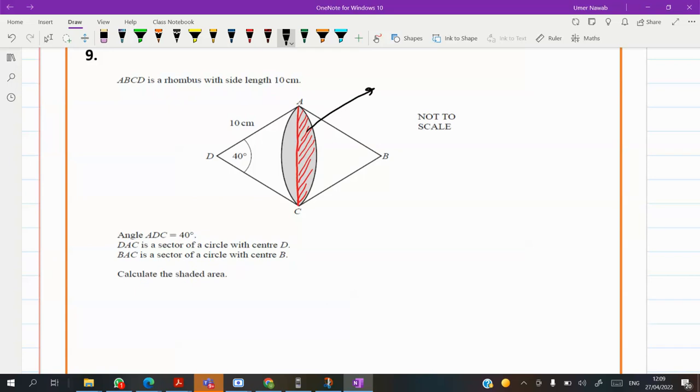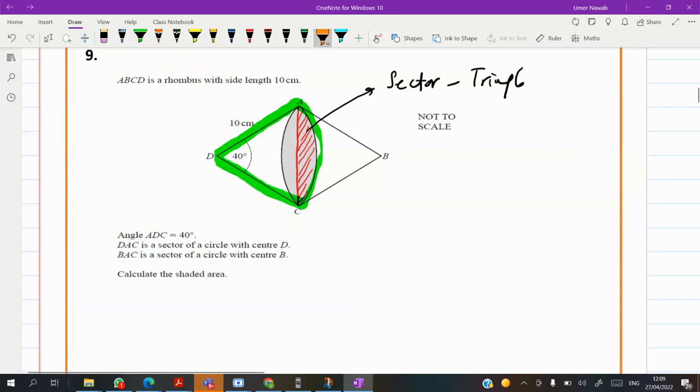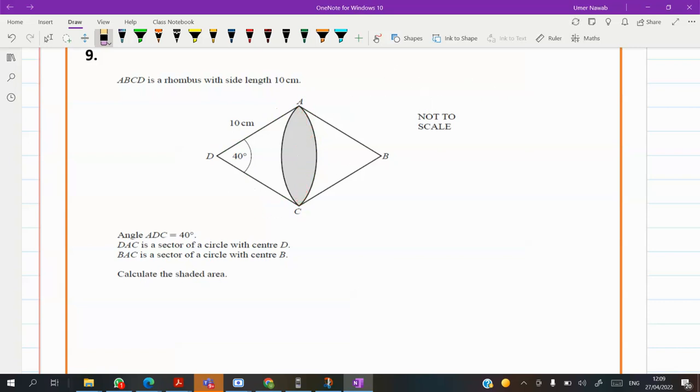This is equal to the sector minus triangle. Which sector am I talking about? I'm talking about this sector and minus this triangle. So if you subtract the triangle from the sector, you will find the half shaded portion, and then once you get that area, you will times it 2.